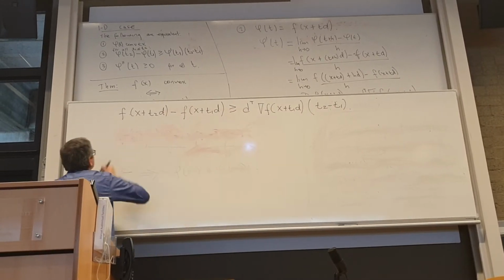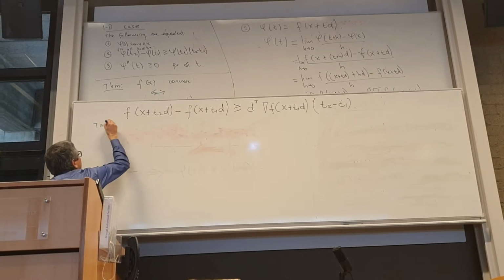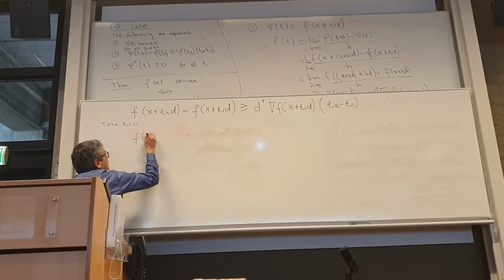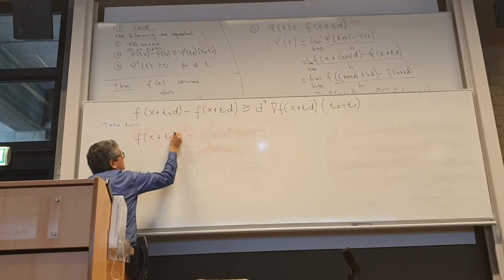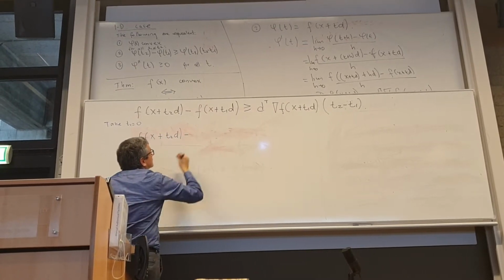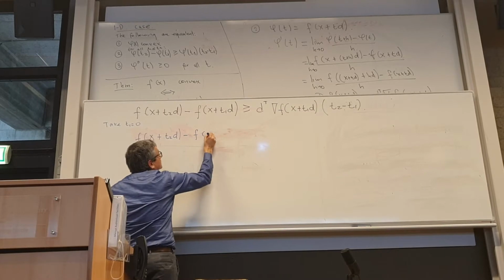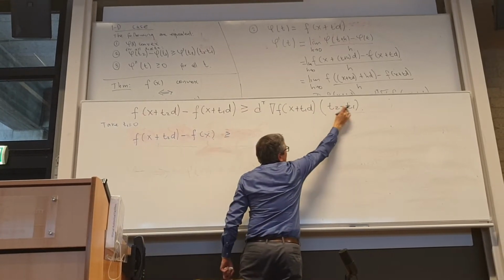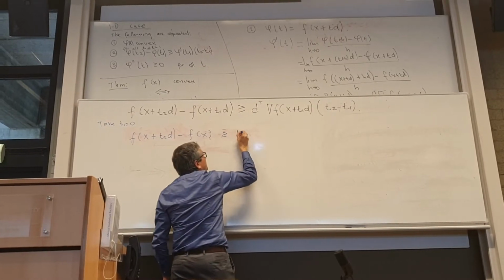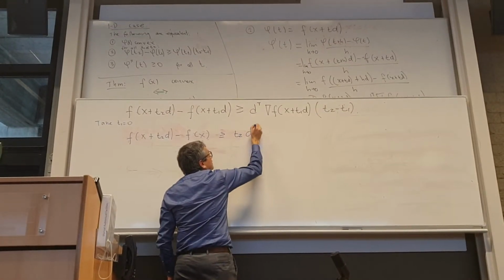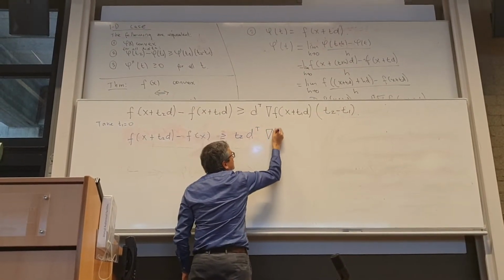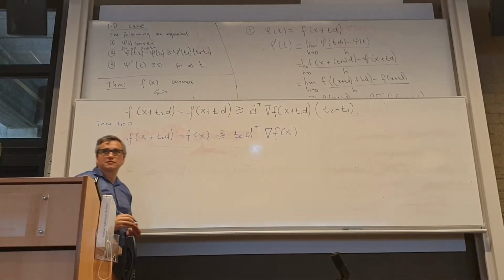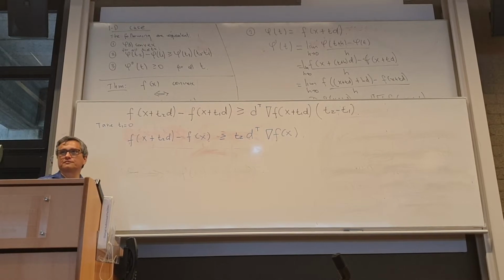We get f of x plus t2d minus f of x greater or equal than, then t2 minus t1 is just t2, t2d transpose gradient of f of x.